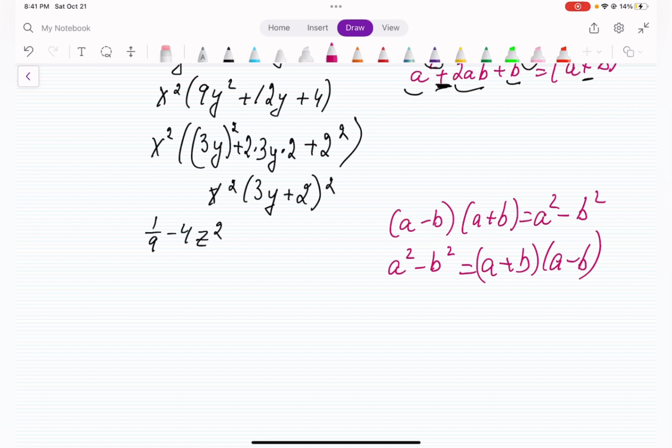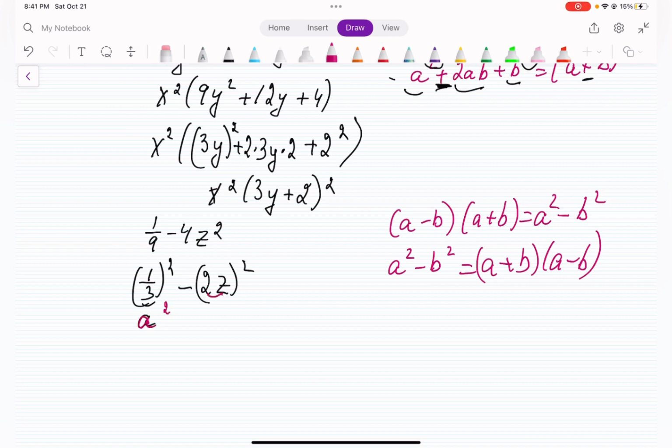So what do I have? 1/9 can I represent in the form of 1 over 3 squared? Yes. Now 4z squared, can I represent as a 2z to power 2? Yes. Does it look similar to a squared minus b squared? Correct. It does, because 1/3 is my a, so it's going to be a to power 2, right?